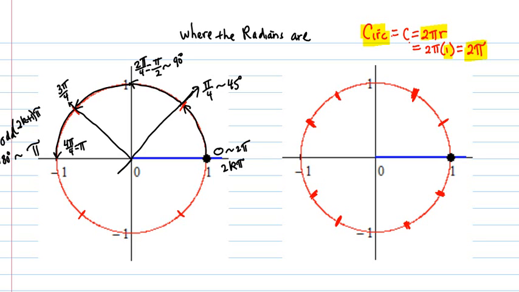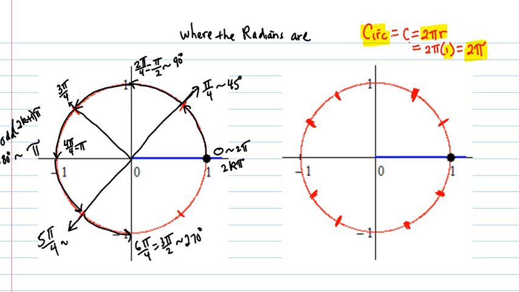Then coming down another pi over 4, that's 5 pi over 4. Coming another pi over 4, that's 6 pi over 4, which equals 3 pi over 2, which is coterminal to 270 degrees.